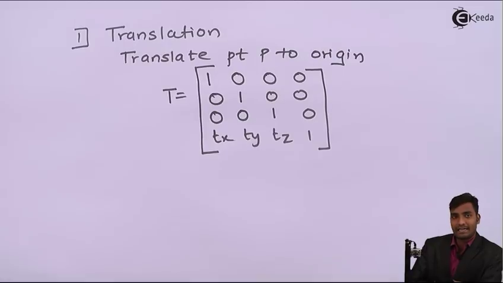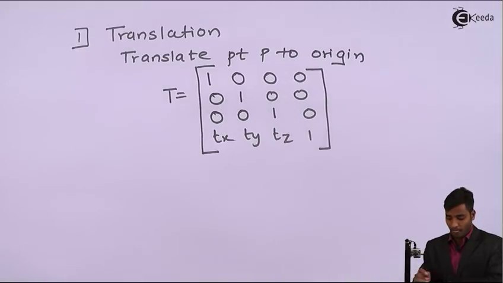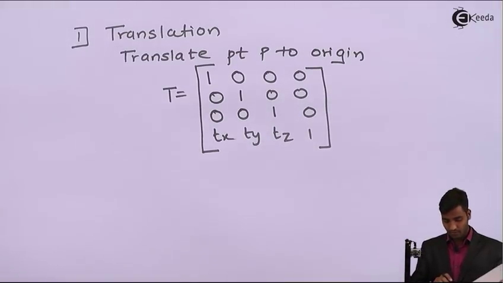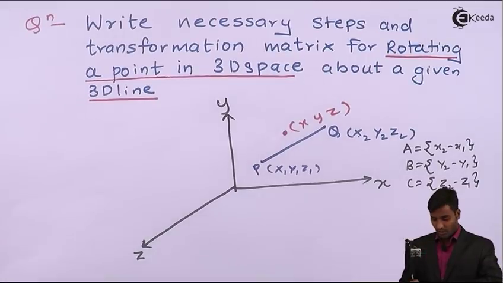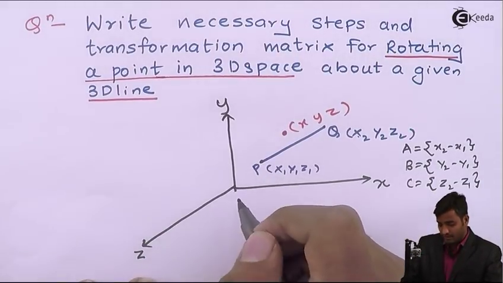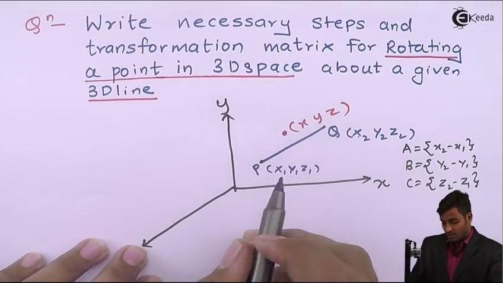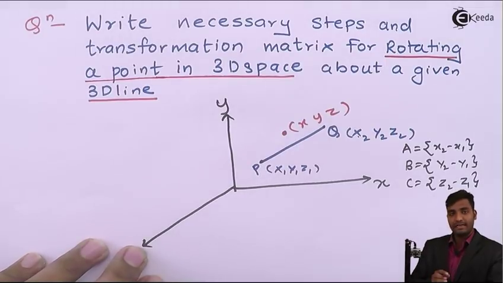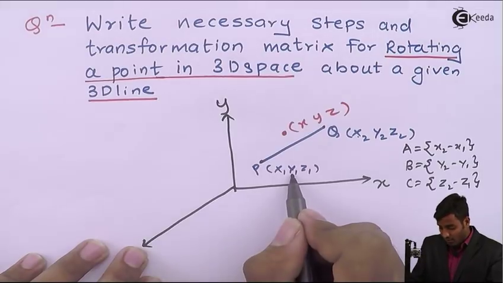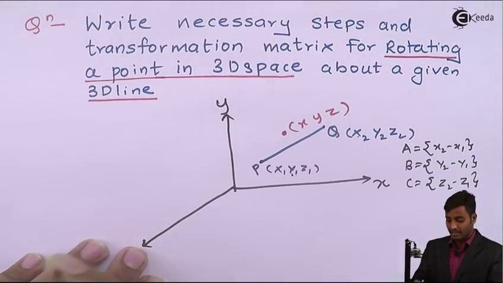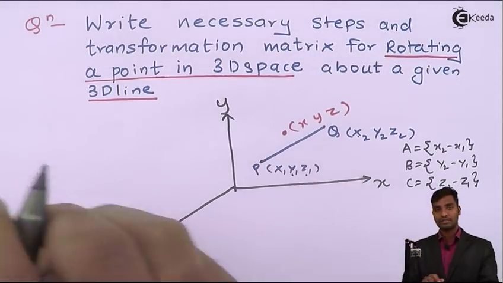So this is the standard translation matrix for 3D. For that we will require the values of Tx, Ty and Tz. For bringing this point to the origin, I have to travel x1 units along the x direction, y1 units along the y direction and z1 units along the z direction.